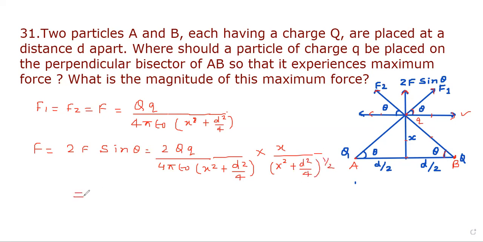So we can say that F will be equal to 2Qq x divided by 4 pi epsilon naught times x square plus d square by 4 whole power 3 by 2. So this is it.